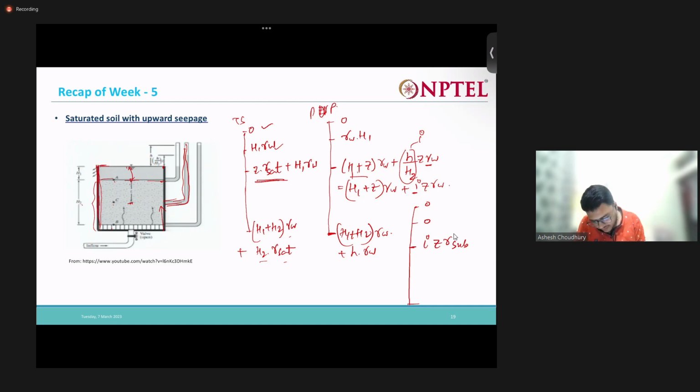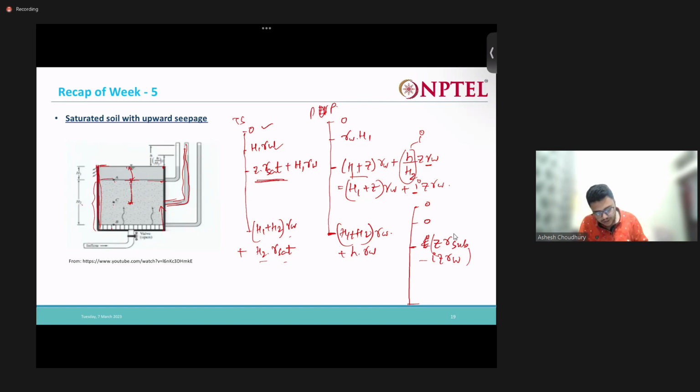Z gamma submerged, the effective stress you are saying, na? Okay, z gamma submerged minus... yeah, correct. Z into gamma submerged minus i z gamma w. Yes, correct.